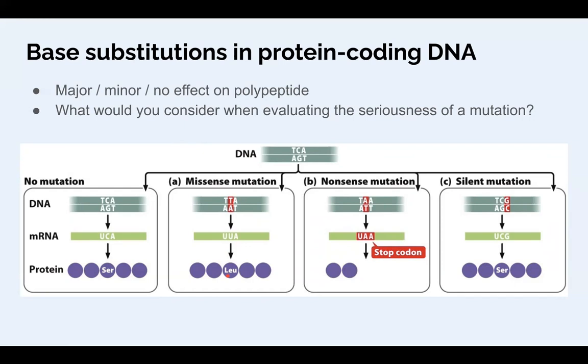So starting off at the left here, the original DNA sequence has a TCA, AGT, and transcription of that turns the TCA at the top strand into UCA, and that codes for serine. So a missense mutation, this category, results in changing a single amino acid.